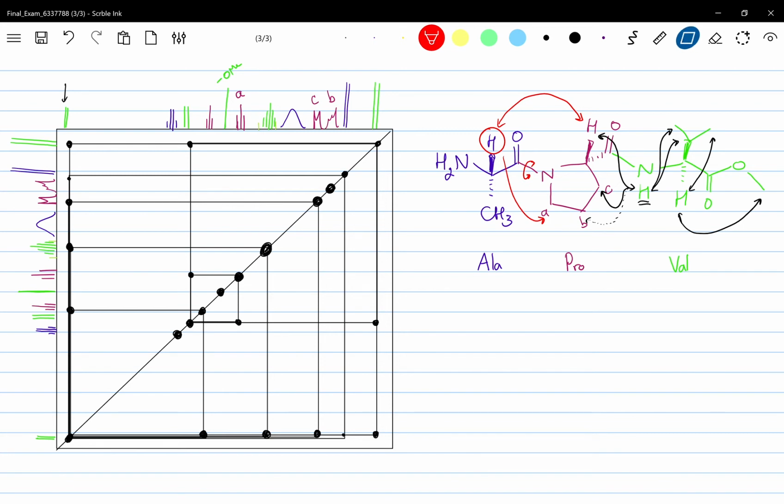So let us start with the alpha proton of proline, which is this one. And proton A, which is this one, right?